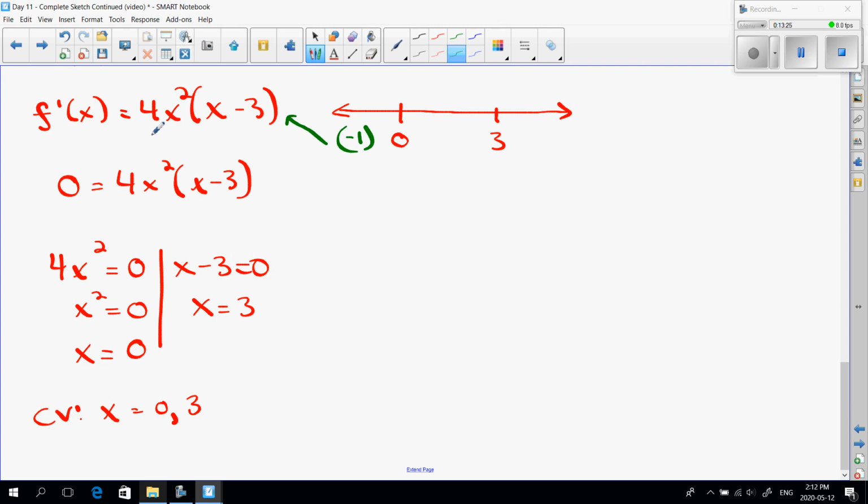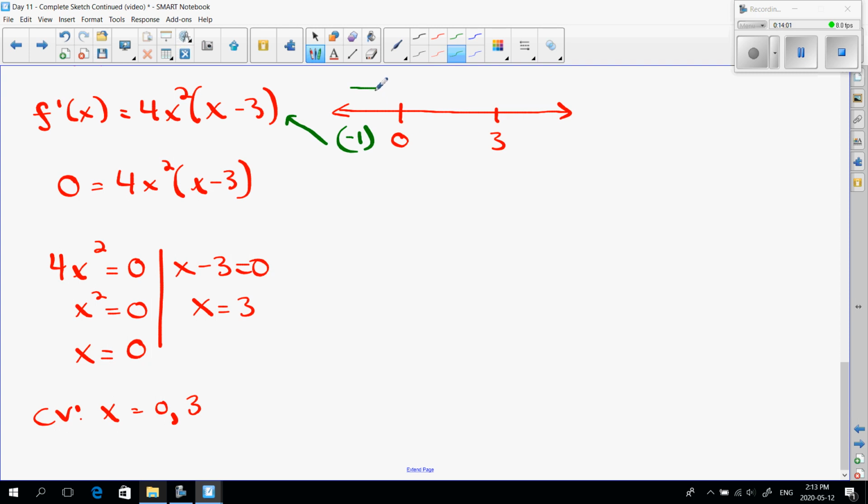This factor right here would work out to be a positive 4. This factor right here would work out to be a negative 4. So I'd have a positive 4 times a negative 4. Again, that's negative 1 squared, 1 times 4 gives me 4. This factor would be negative 1 minus 3 gives me negative 4. So a positive times a negative means that my derivative would be negative. So I'm just going to write a little negative sign above here. And that would be true for any x value that I picked on this interval from negative infinity to 0.